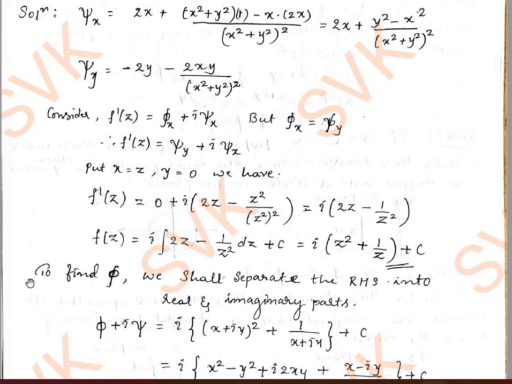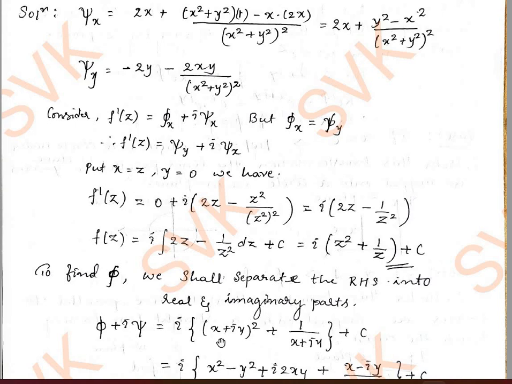To find phi, now I am going to substitute the value of z as x plus iy, and f of z as phi plus i psi. So to get the phi value, we equate the real part and imaginary part. To equate that, I am going to separate the real part and imaginary part on the right hand side.